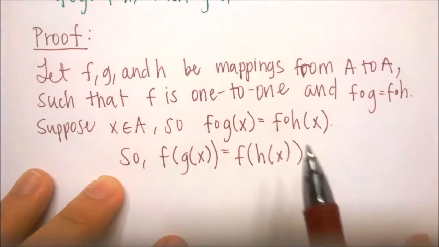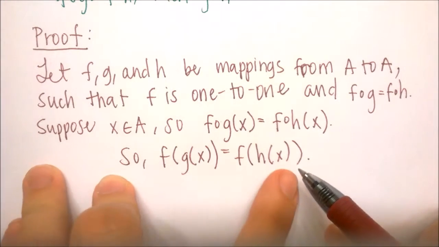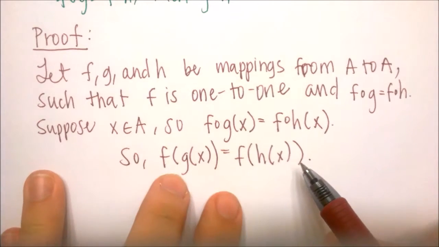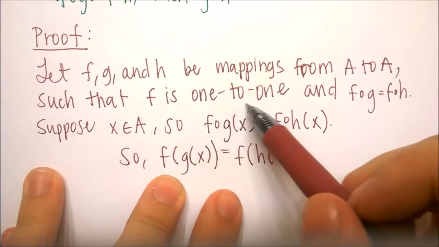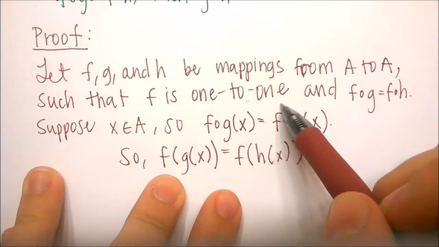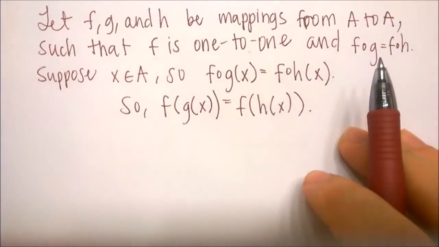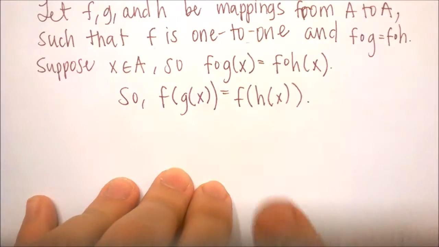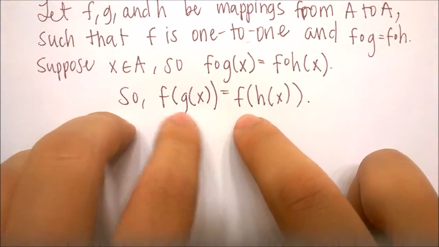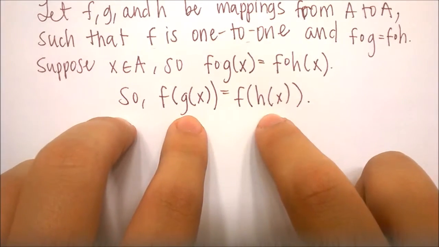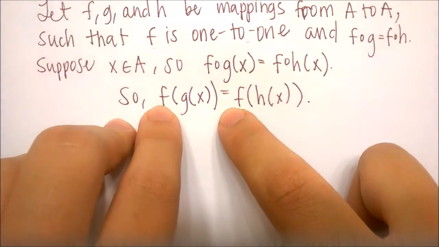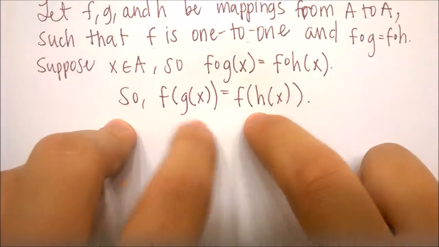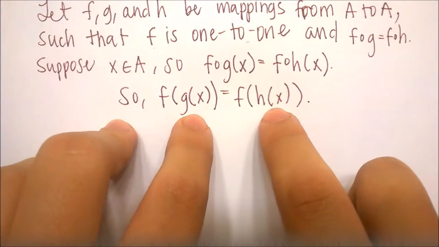From here, we need to say what assumptions were made that will let us take this one step further. Well, we know that f is 1 to 1. So if we know the definition of being 1 to 1, we know that these two things are images under a mapping. These are outputs of f, so this is f of something.